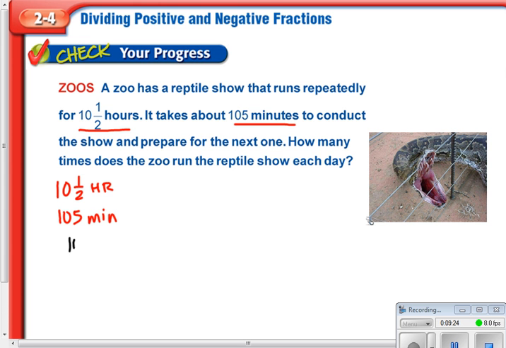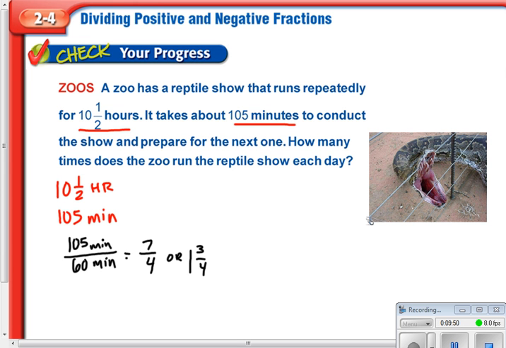So we know there's 105 minutes, and there's 60 minutes in 1 hour. So we're doing our conversion of minutes to hours, and after we reduce here, we wind up with 7/4, also known as 1 3/4.